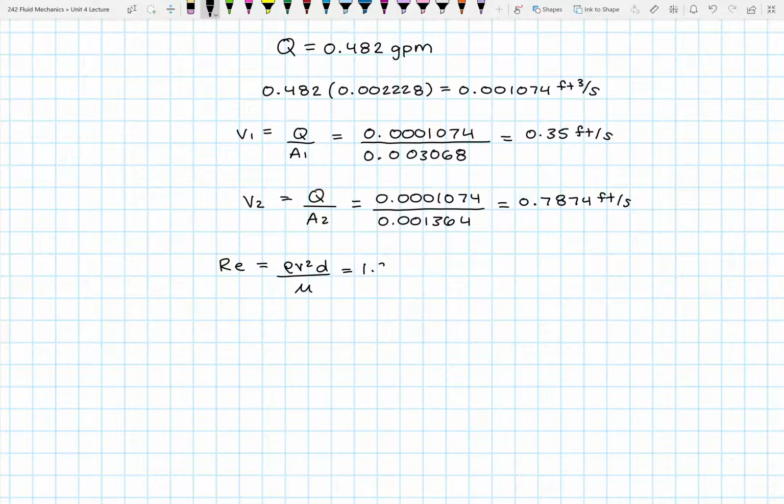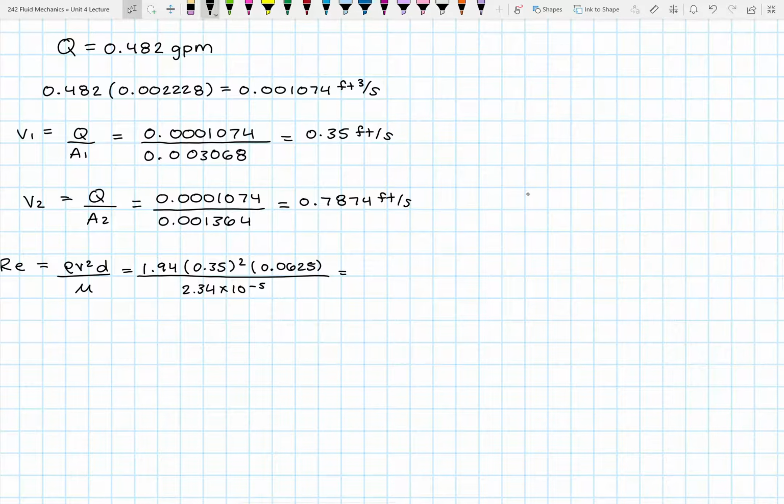So if we do the same calculation, but now with our new V1 value, divided by our viscosity, that number is going to come out to be 1,814. And if you remember, our threshold is 2,300, and this number is less than 2,300, meaning that our flow is laminar.